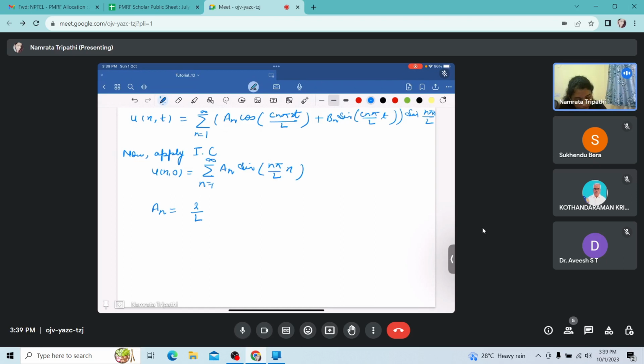So I am writing 2 by L for the denominator, and for the numerator, from 0 to L by 2 the function is x into sine n pi upon L x dx, plus when x is from L by 2 to L, the function is L minus x into sine n pi upon L into x dx.